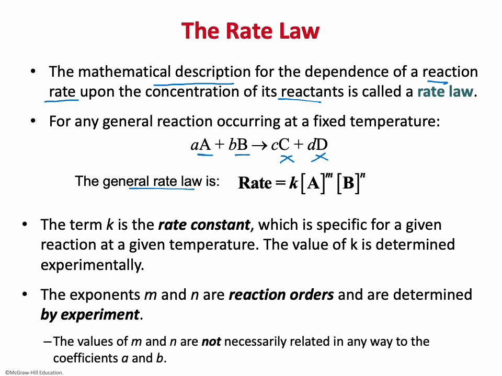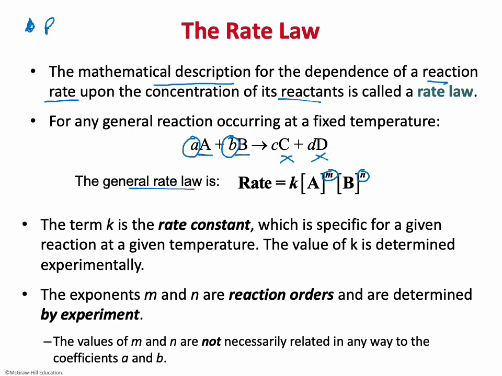Next important thing to remember here is these numbers that you see in the power m and power n. These have nothing to do with the stoichiometric coefficients. These coefficients are only used in the rate expression, what we saw earlier. If you did not see the video before this, then please watch that part.